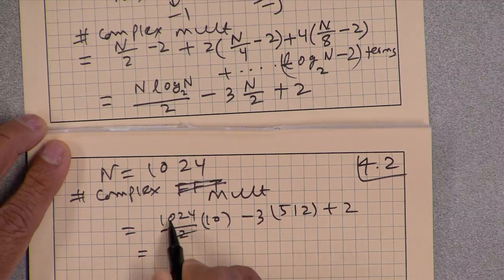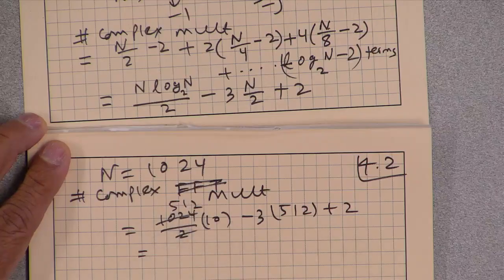So that's going to be 512 times 10 minus 512 times 3.